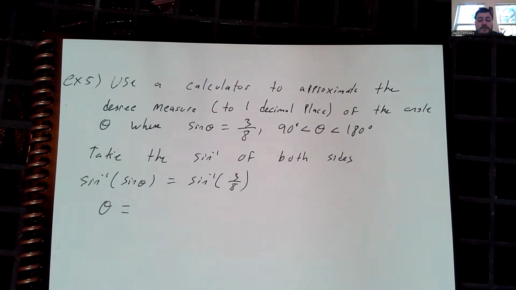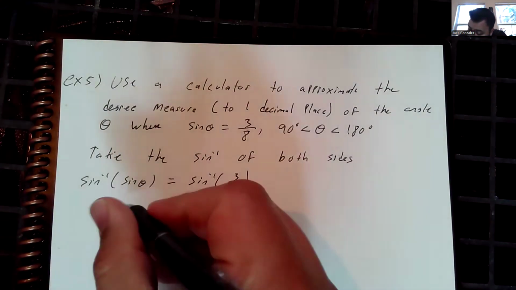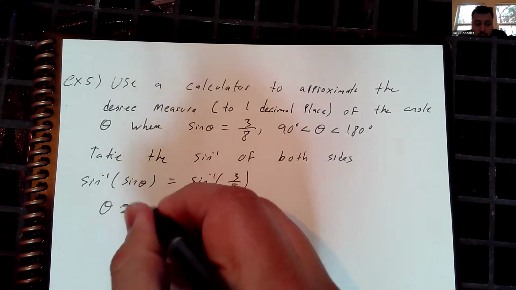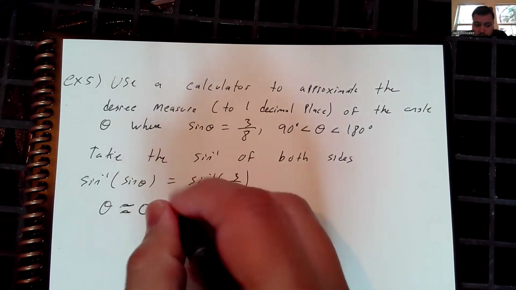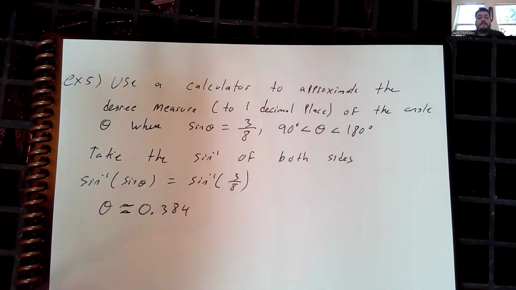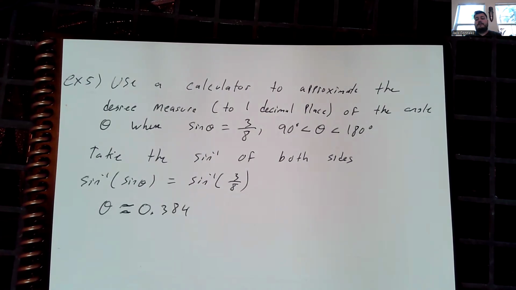Inverse sine or arc sine of 3/8 is roughly 0.384. Let me see if I'm in degrees or not.